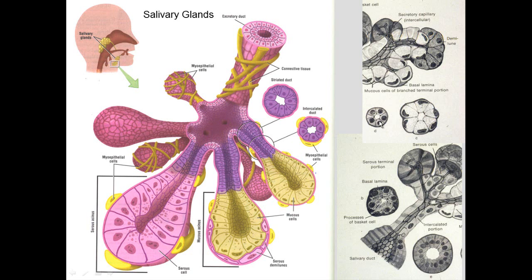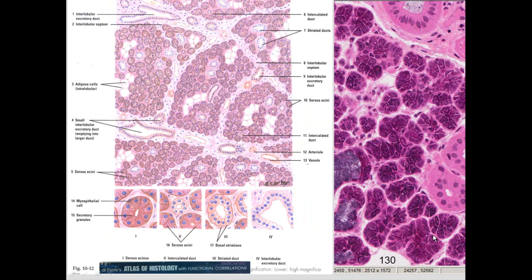We have the intercalated duct, the very first duct. After the secretions, you have the mucus, which has flattened nuclei and a flocculent type of secretion, and then you have a serous type cell that produces a more proteinaceous component, and the striated duct.